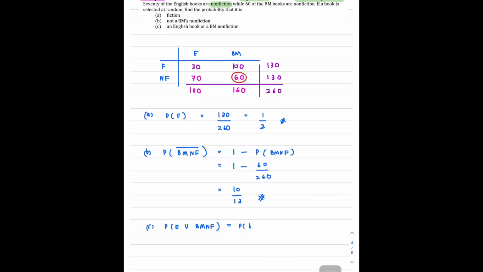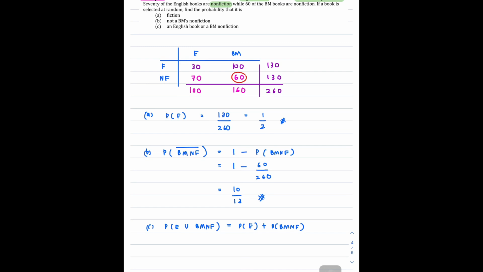So you have P English plus P BM non-fiction minus intersection event. Do you have any intersection event between English and BM non-fiction? If you look at the table, English is one column, BM is another column. You cannot have both English and BM book at the same time, so you don't have any intersection event between English and BM.